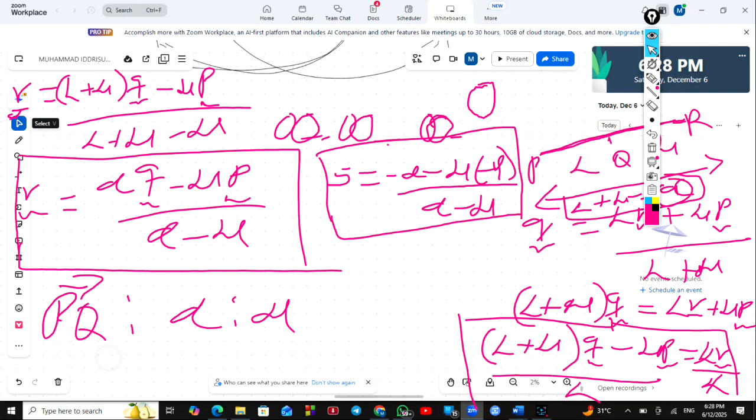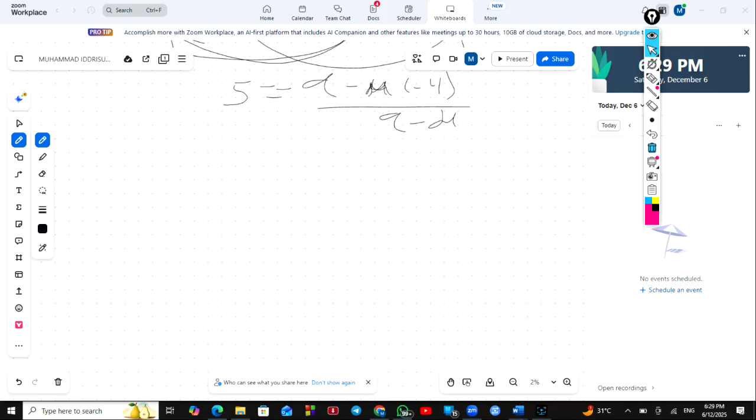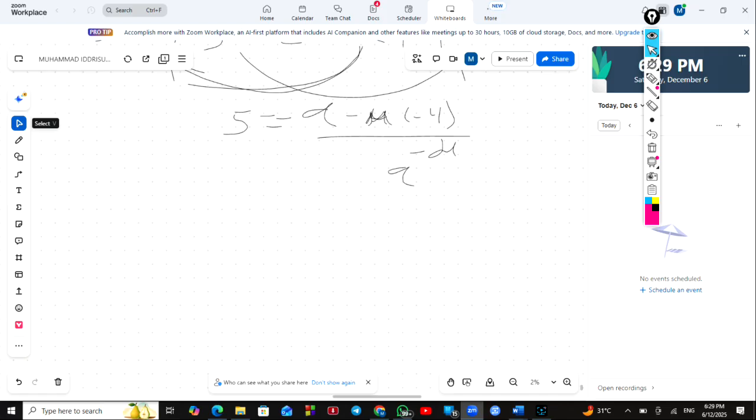So I'm only looking for 5 equal to minus alpha minus mu multiplied by -4 all over alpha minus mu. So I'm deleting everything here. This is what we just wanted. So we multiply both sides by alpha minus mu.